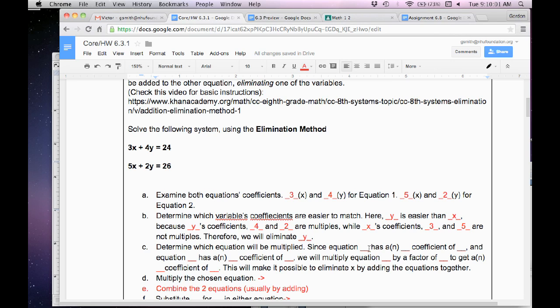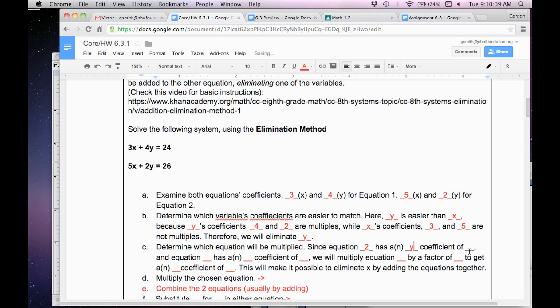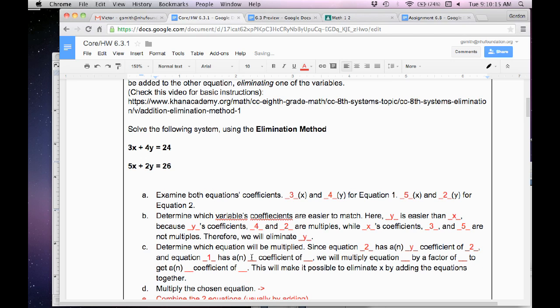So since equation 2 has a y coefficient of 2 and equation 1 has a y coefficient of 4, we will multiply equation 2 by a factor of -2.